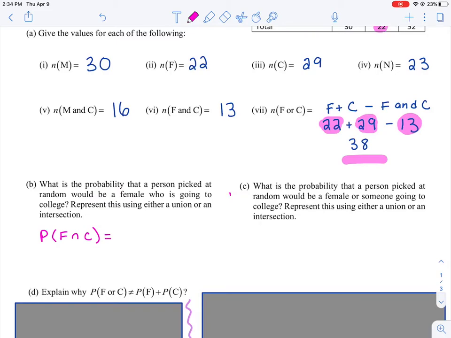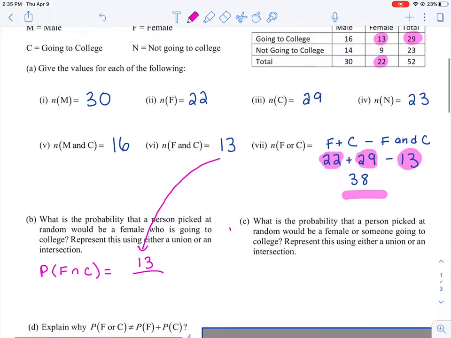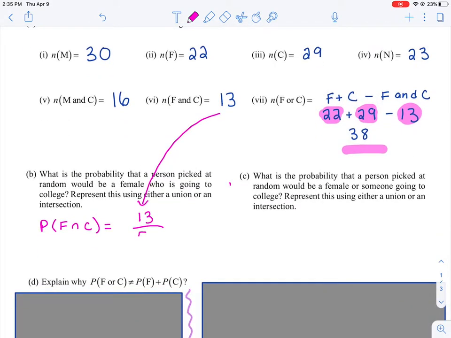So if I want to do female and college, I'm going to take female and college, which is 13. But when I'm doing a probability, I need to divide by how many total. So there were 52 total. So that is our probability of female and college. Now you could keep it as a fraction, or we could change it to a decimal, 0.25.